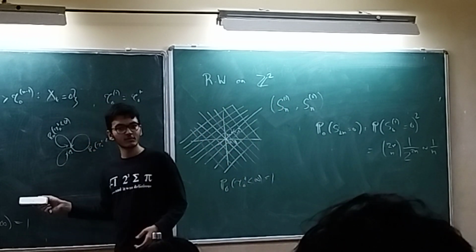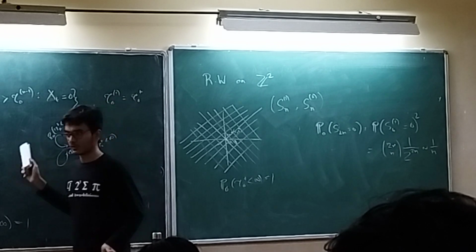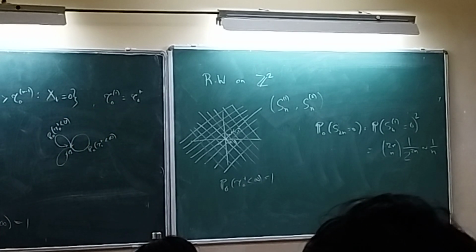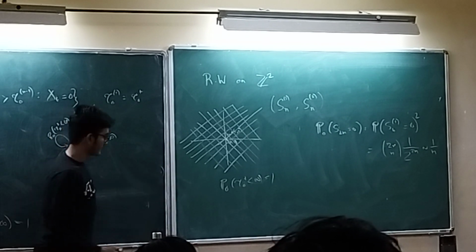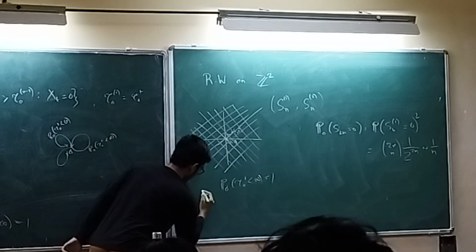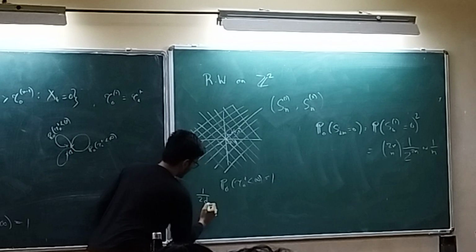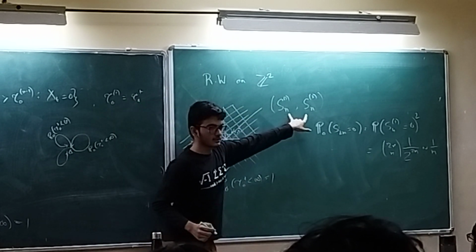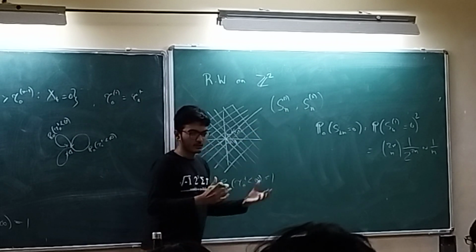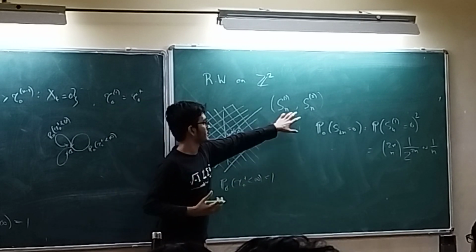So hopefully now you are comfortable with this argument. I will erase this because Z3 will take more time, because this kind of argument will not work. So why does this argument work? This argument works because in Z2 you can move in each direction with probability 1 by 2d, where d is the dimension, and we can couple two things. Basically this is a coupling. We are taking 2 independent random walks.